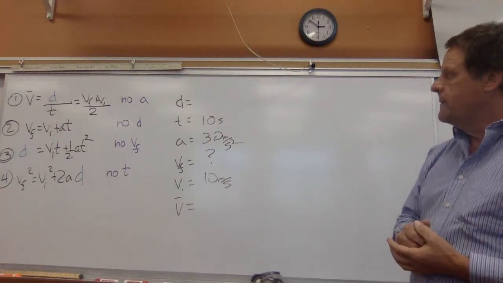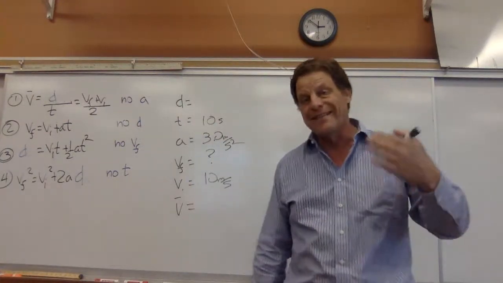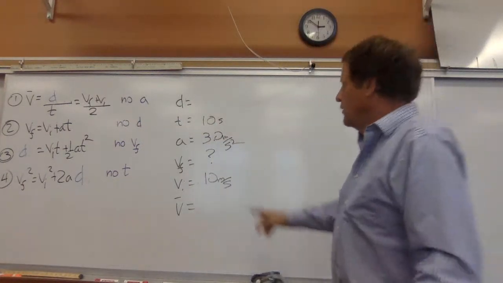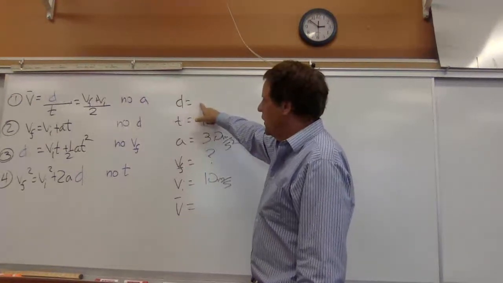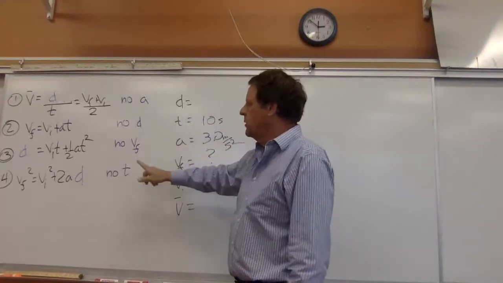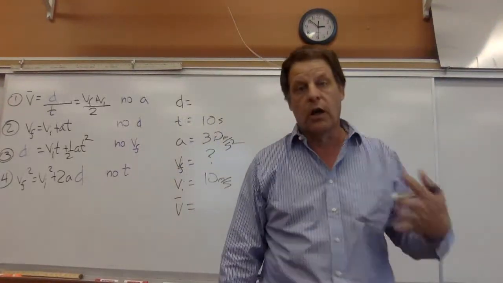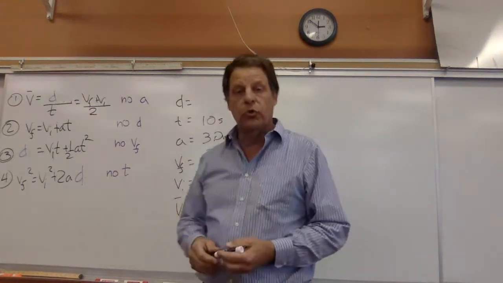One of the key things to understanding this is to figure out which equation doesn't have a particular thing. We can see that we don't have distance, so we're not going to use equation number 1, number 3, or number 4, because they all have distance, which leaves us with equation number 2.